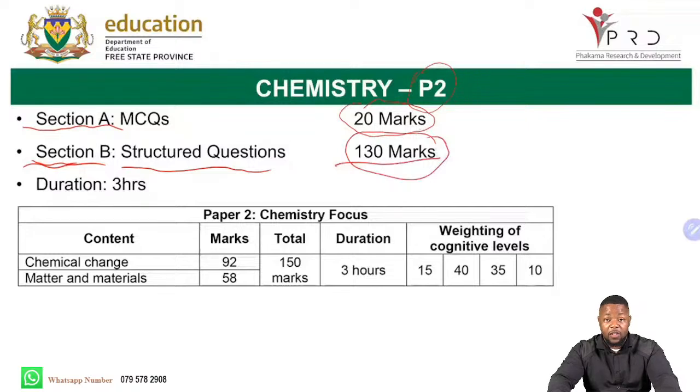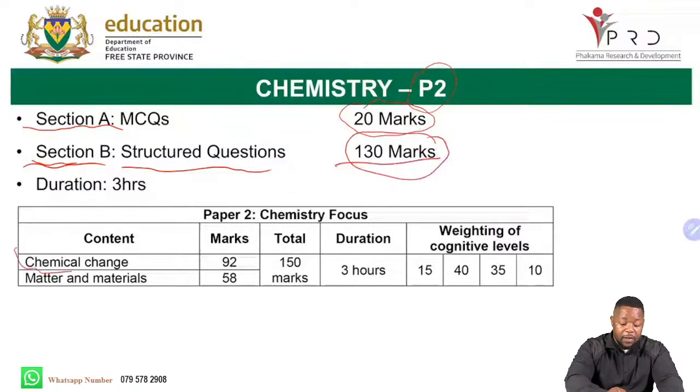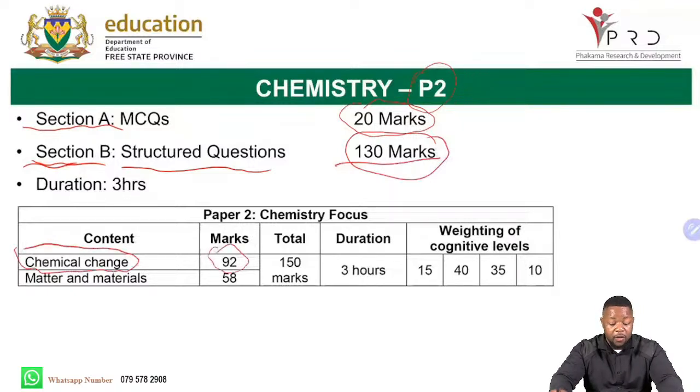Now, let's look at the content that will be covered in your paper 2. We have the chemical change. This chemical change covers most of the marks, which is 92. And then we have your matter and materials, which is allocated only 58 marks.